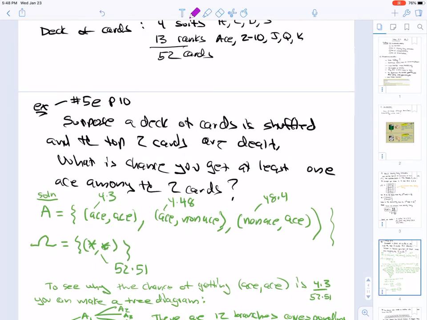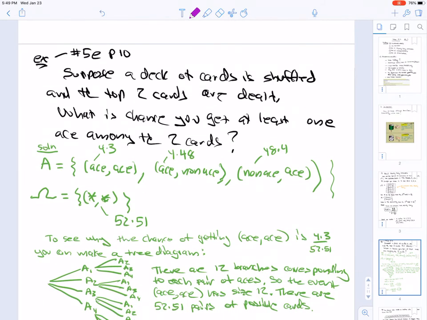We then did a problem. Suppose a deck of cards is shuffled and the top 2 cards are dealt. What's the chance that you get at least one ace among the 2 cards? A bunch of you did this differently. One way is just to think of what A and omega is. So omega is all pairs that you can have.